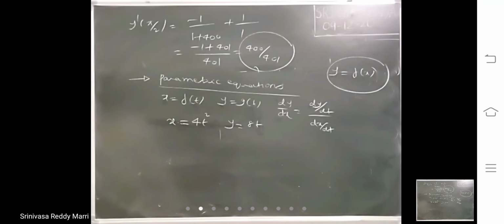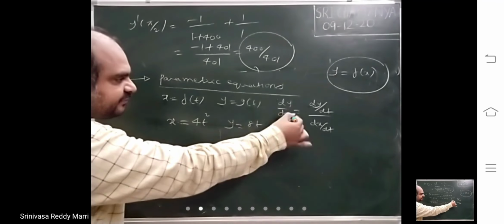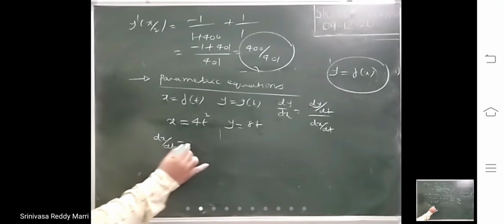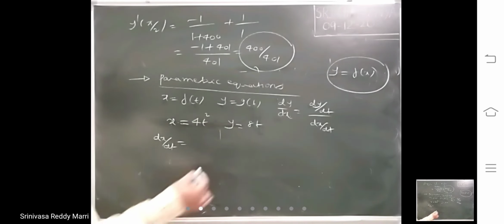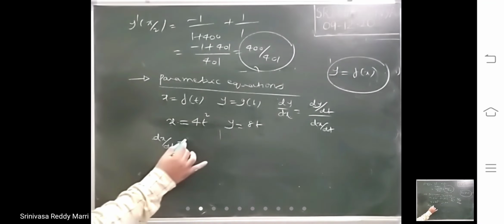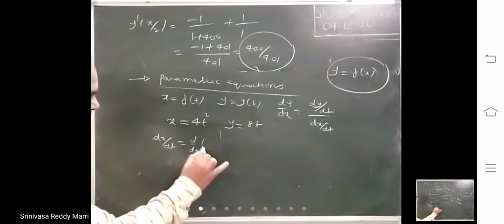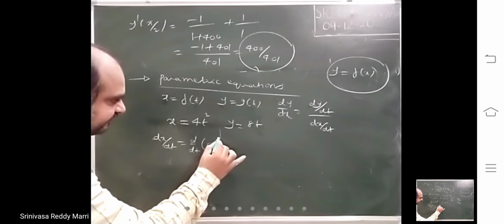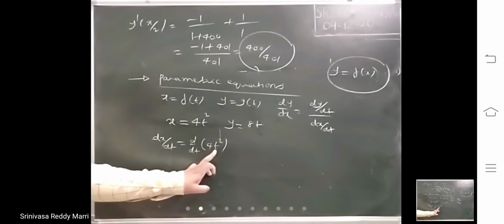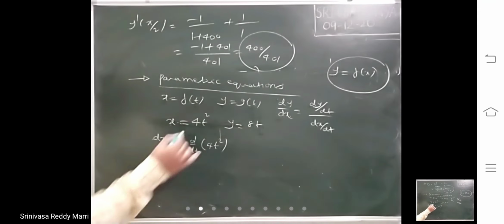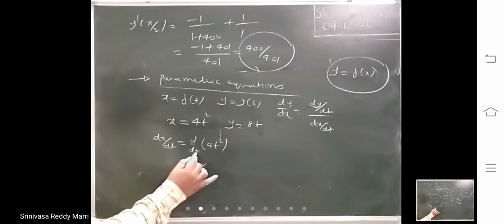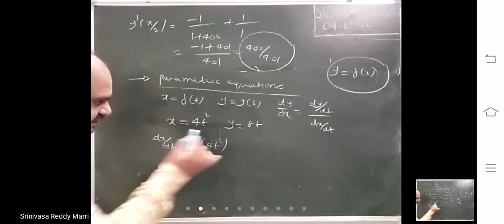Now you have to calculate how y is varying with respect to x. First I will calculate dx by dt. dy by dx means d by dx of f of x. Dx by dt means d by dt of that function of time. Previously dy by dx means d by dx of that function. Now x is a function of t. D by dt of 4t square, just like d by dx of x square, what will we write?